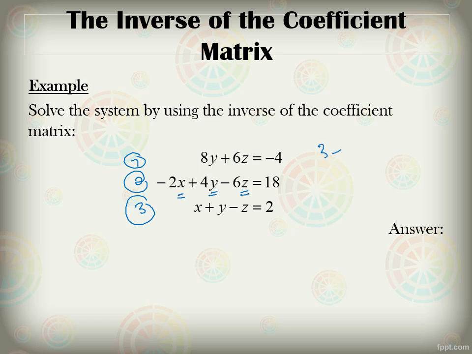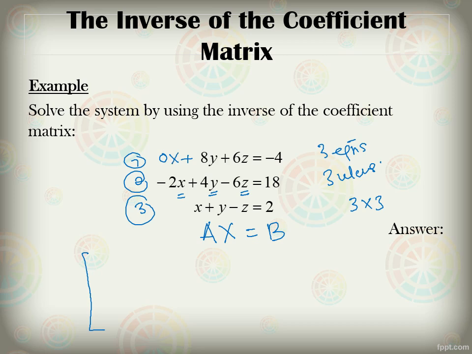So 3 equations, 3 unknowns means you will have a 3 times 3 matrix. Let us rewrite this into matrix form AX equal to B. So what is matrix A? You just take the coefficients of your unknowns. If you look at the first equation, you have 0 for X.